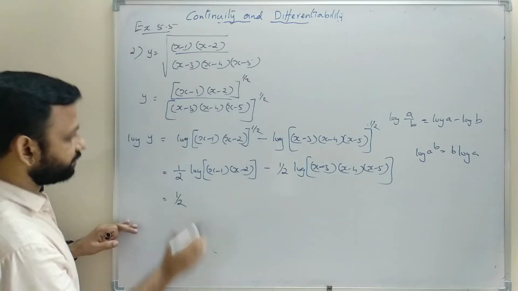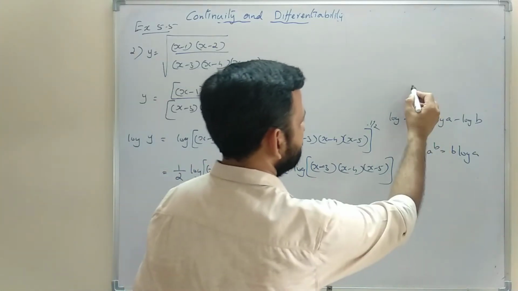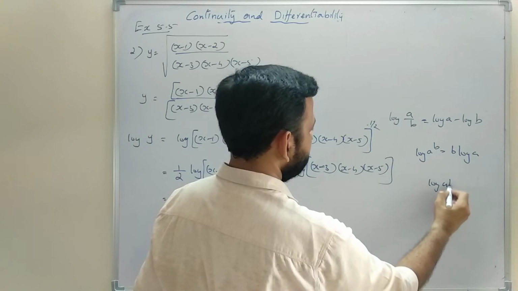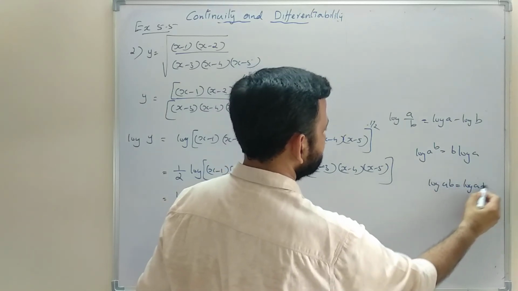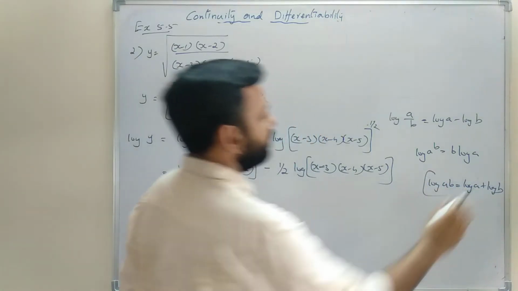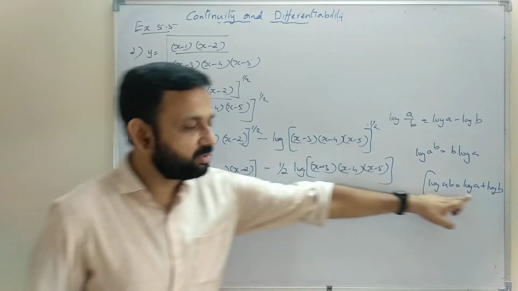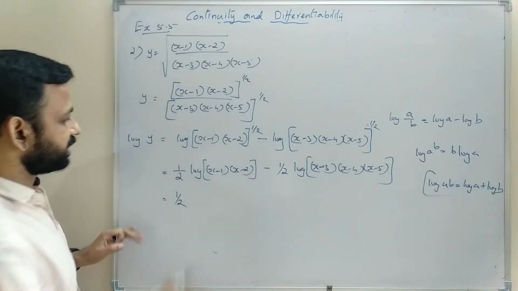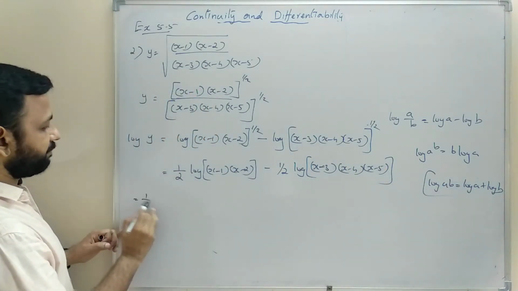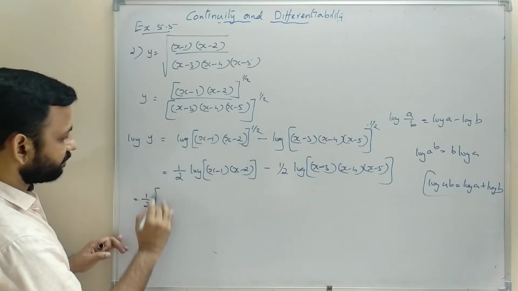Then 1 by 2 into log AB. Log AB is equal to log A plus log B. So by using that property we can separate this one.